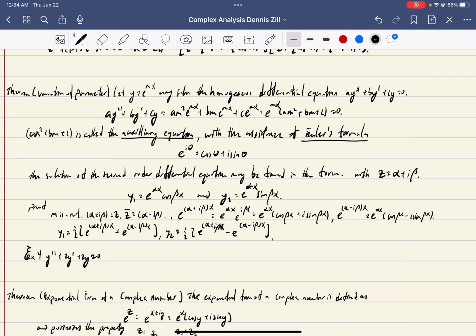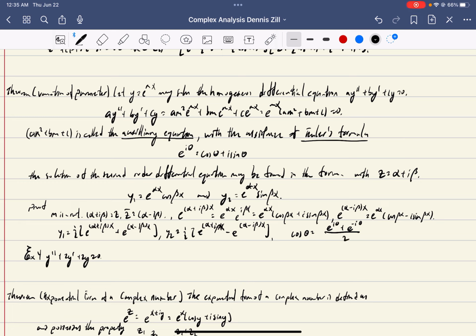But isn't this just cosine, and this should be sine, right? Because we know the complex definition of sine theta: sine theta is equal to e to the i theta minus e to the negative i theta, or just the complex conjugate of it, so you can think of it like this.